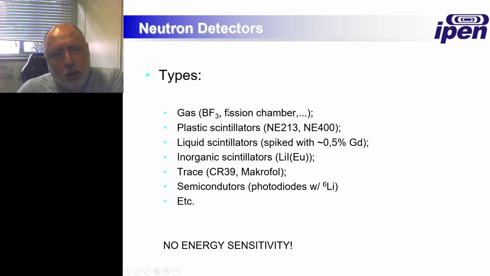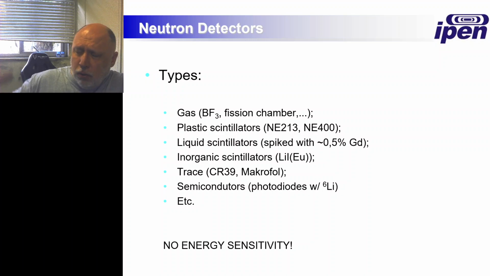Gas: you use either boron in the gas or helium-3 in the gas, or you have a fission chamber, where you use fissile material. Sometimes you deposit boron on the inner layer of your gas detector.